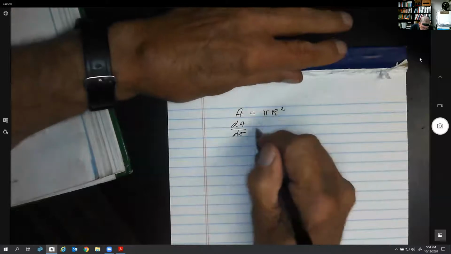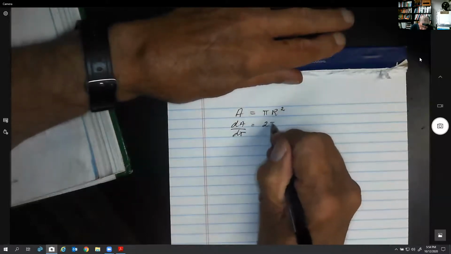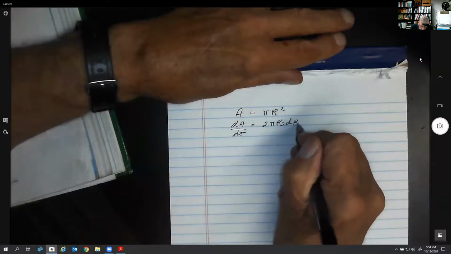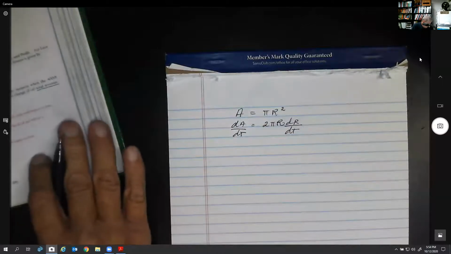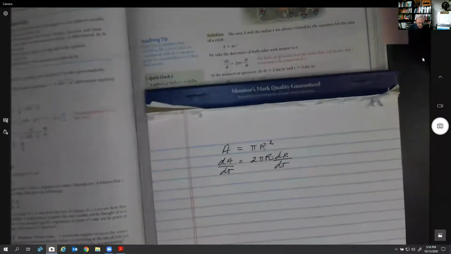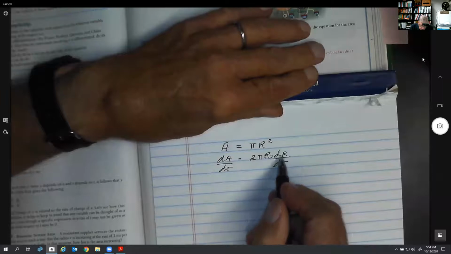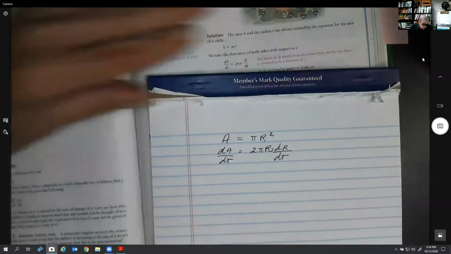The derivative of this would be 2 pi r dr over dt. See? Now, let's see if we can actually solve a problem using this. So what we did is we started out with a formula and we rewrote this formula using dr over dt and things.